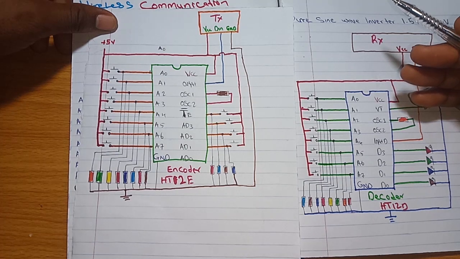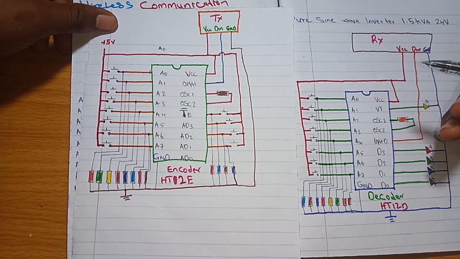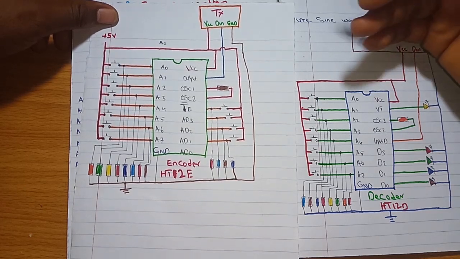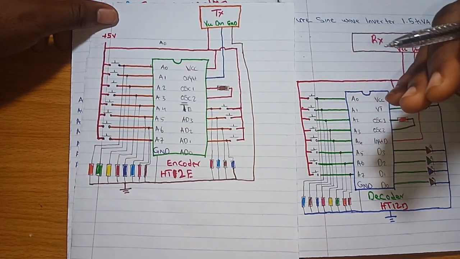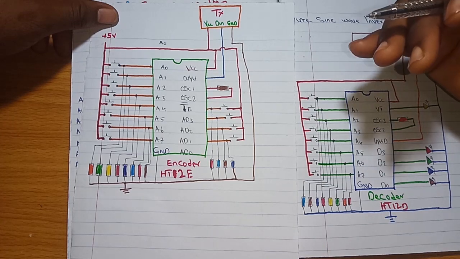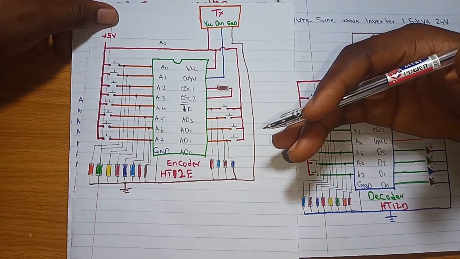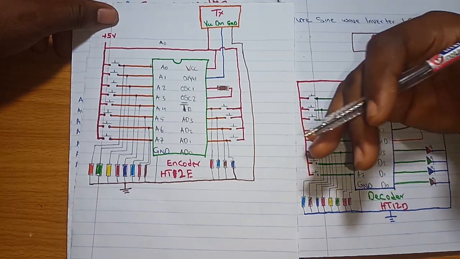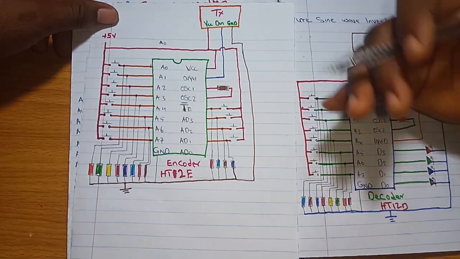And in order to get our information, we need what we call encoders and decoders. We have so many encoders and decoders used in wireless communication, but the ones that I will show you here are the ones that I find around me, the ones that are easy to access.